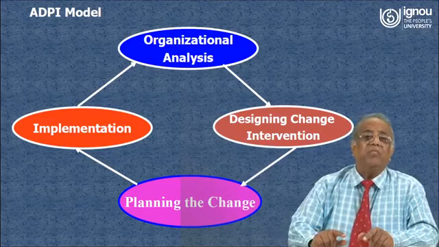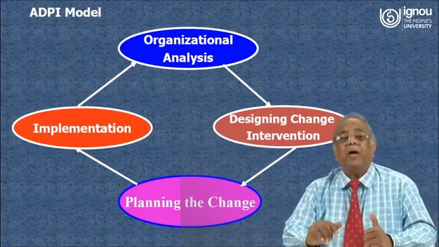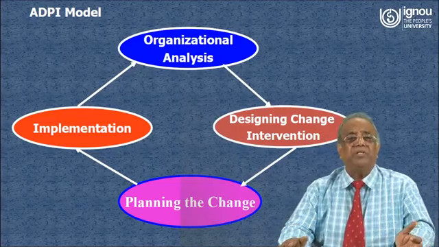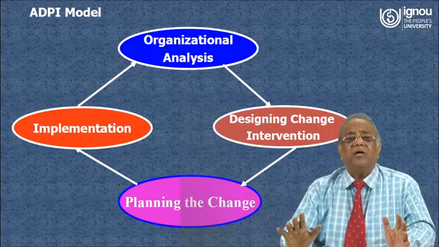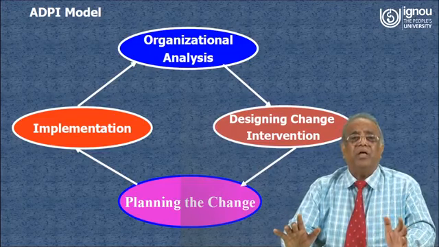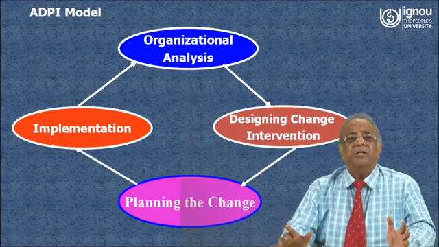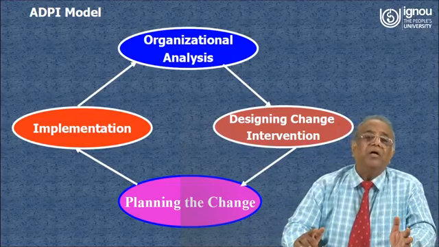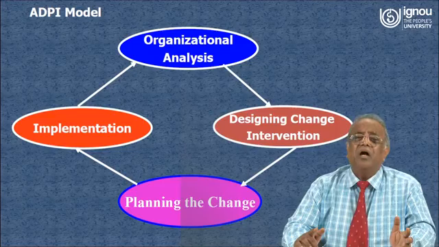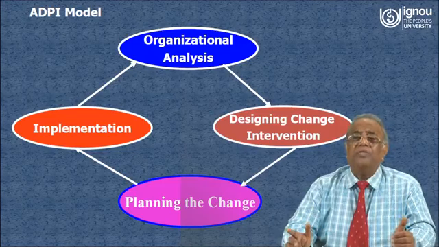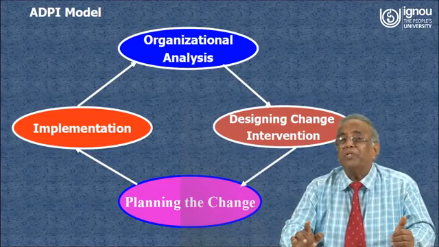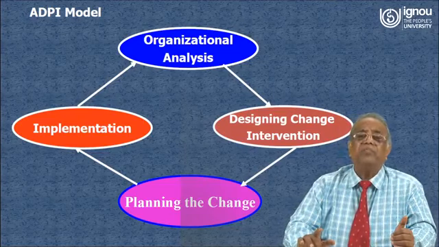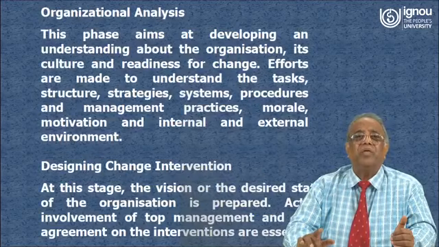After that, planning for the change. Then after planning, you have to implement that change, that is the implementation. So these are the four processes of the ADPI model, a very important model, and we have to see from time to time that there are feedback mechanisms, whether we are achieving as per the need for the change for that particular item.